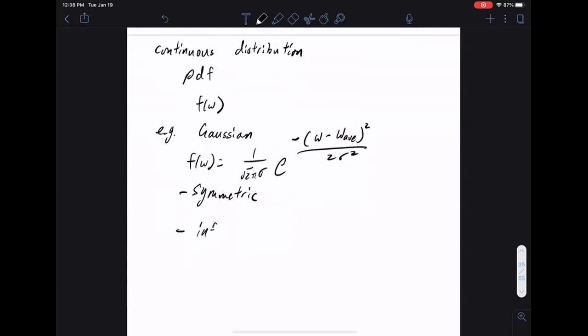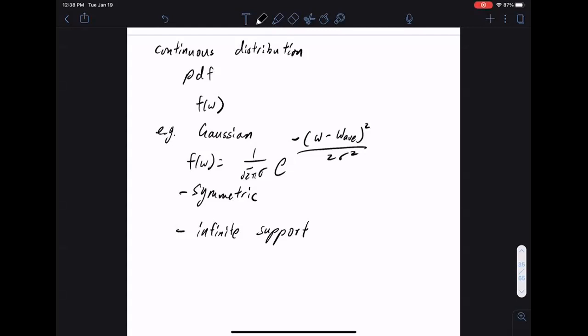Second, it has infinite support, which means that for a very negative W, you still have some positive probability of this occurring. Of course, that's not realistic, since we're talking about something like speed or power, which can only take on positive values.